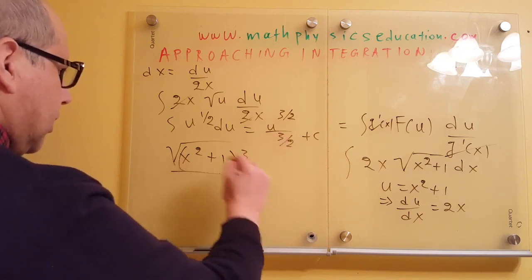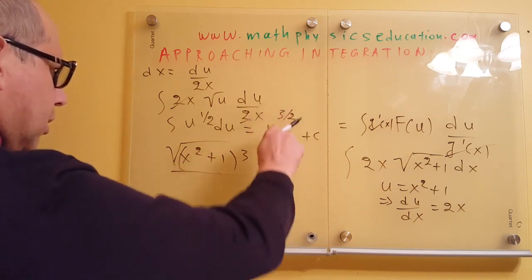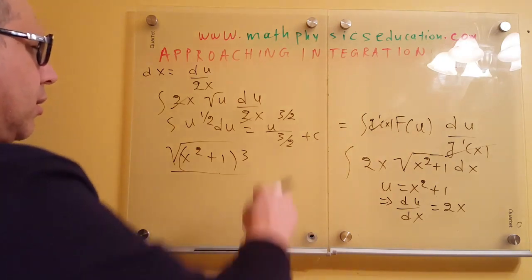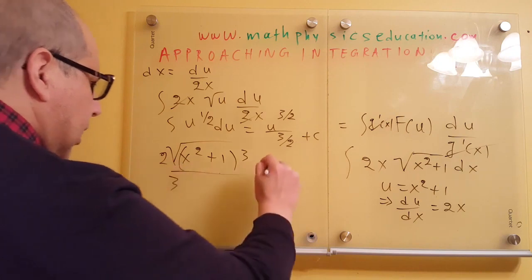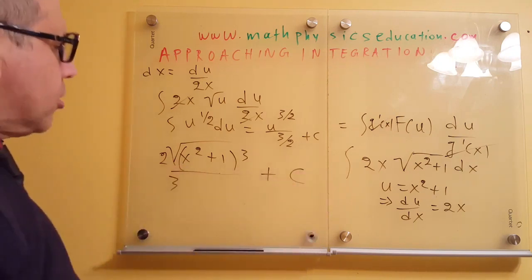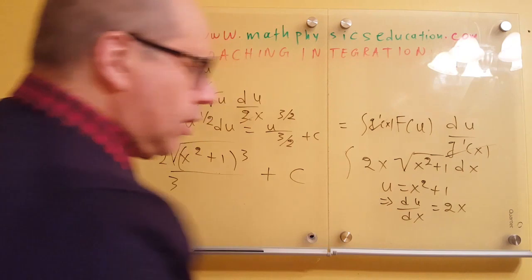If you do this composite fraction, that should be 2/3 plus c. And that's the integral of this function here.